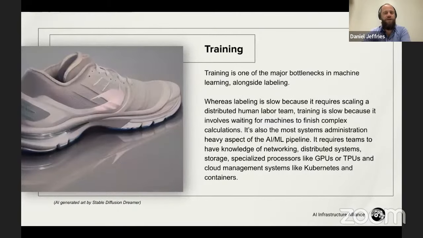Training is another major bottleneck in machine learning, alongside labeling, probably the two biggest ones. One of them, training, is dependent upon waiting for computers to do things. And the other one, labeling, is oftentimes waiting for people to do things. But they are largely the two biggest bottlenecks in any kind of machine learning. And training is also one of the most complex systems administration aspects.